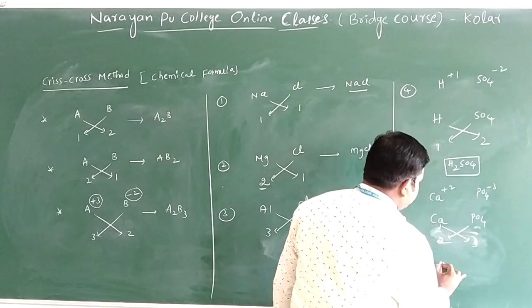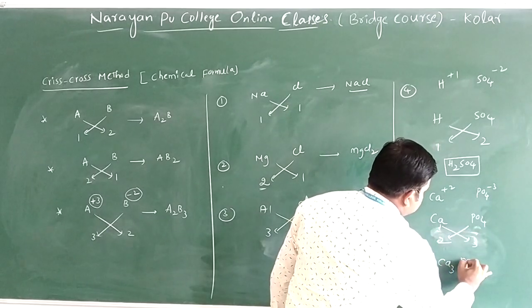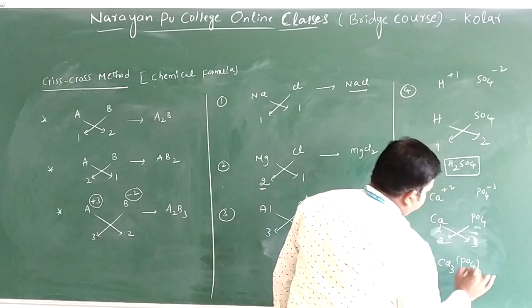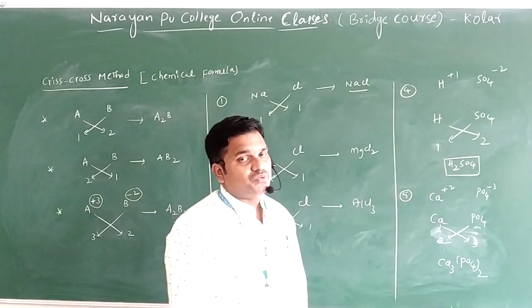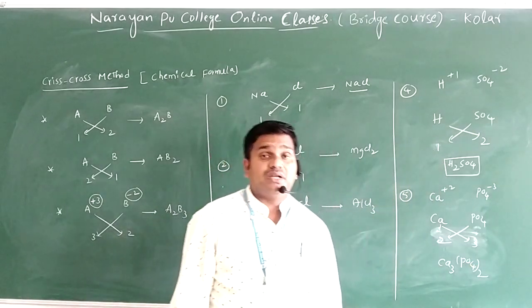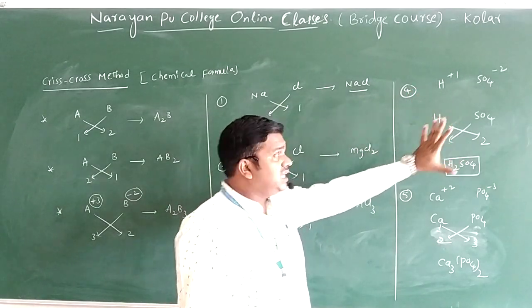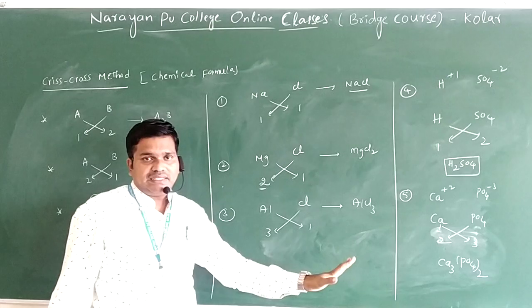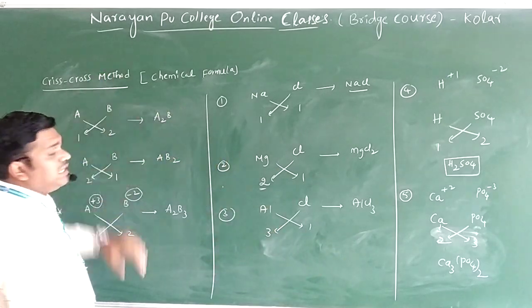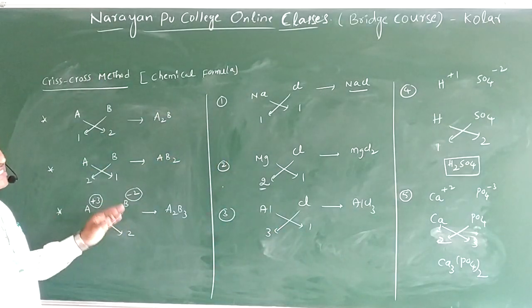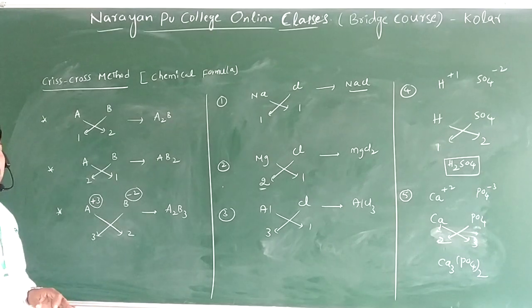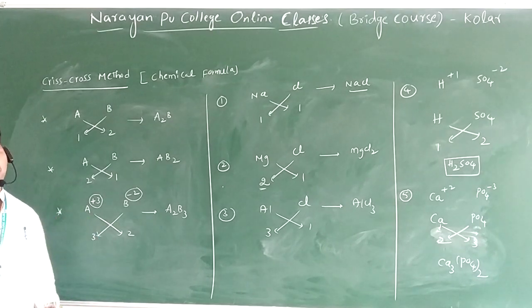Do the cross multiplication and you will get Ca3(PO4)2, calcium phosphate. So like this, if the charges are given, you can write like this. If the valences are given, you write like this. This is the Criss-Cross Method. It is very useful to write the chemical formula of any compound.